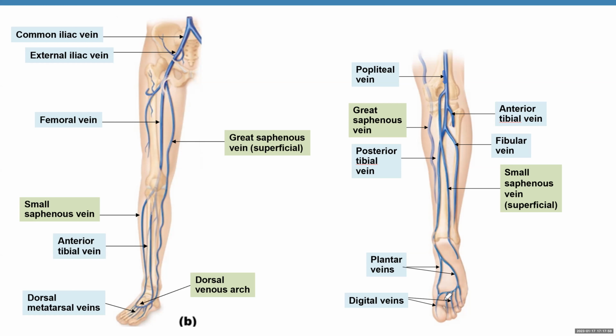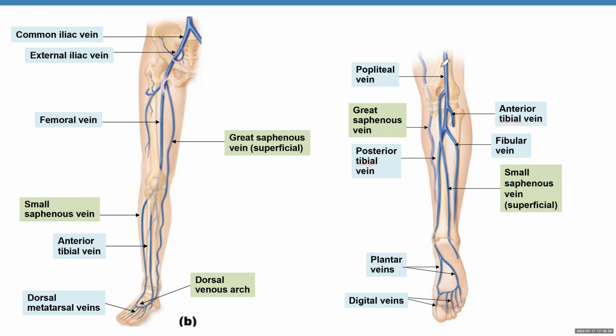Now you also collect blood from the posterior part of your leg. So digital veins, plantar veins, and here our posterior tibial artery, fibula artery, and anterior tibial artery, and popliteal. Why am I calling it artery? I'm sorry. Let's start over.